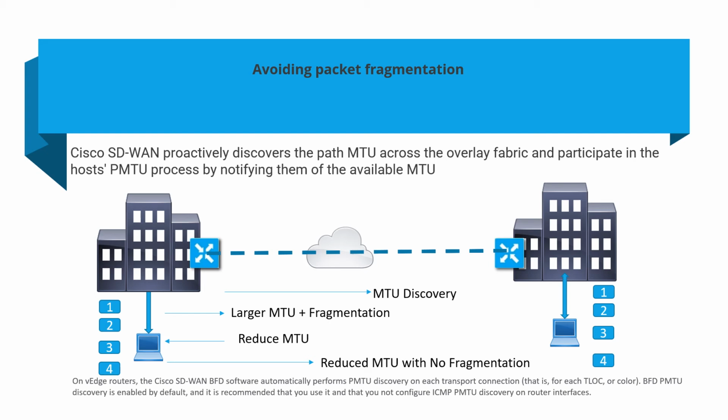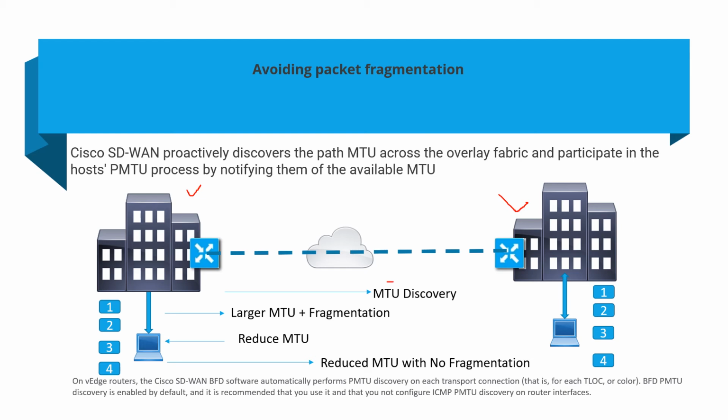So these are the two branches, and I have SD-WAN equipment installed at both ends. SD-WAN proactively discovers the path MTU across the overlay fabric and participates in the host PMTU process by notifying the hosts of the available MTU.